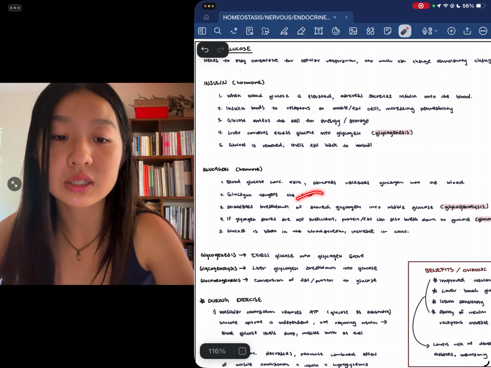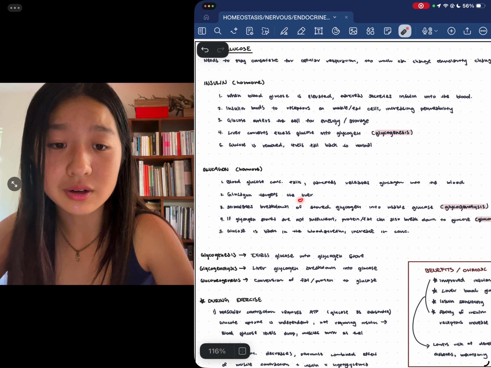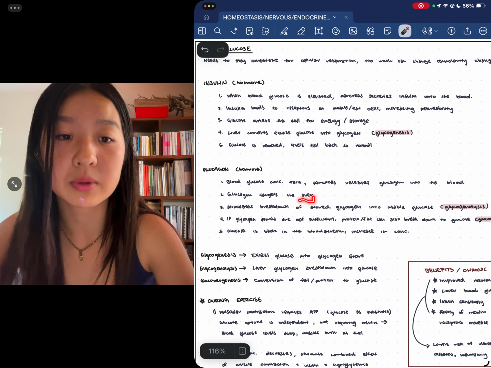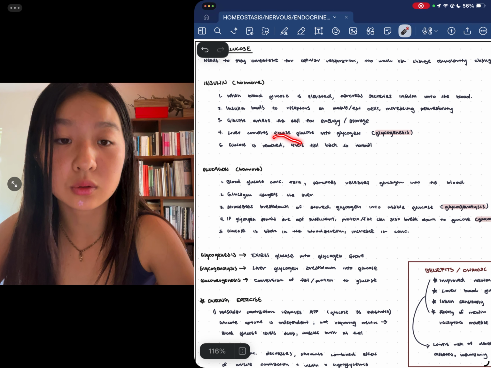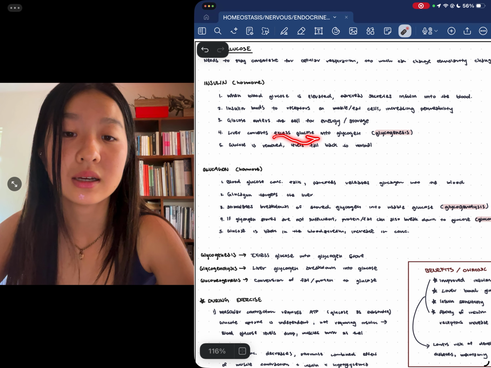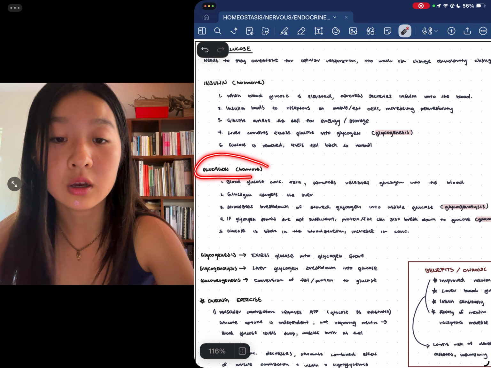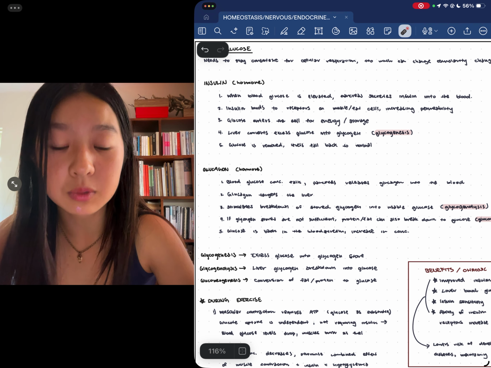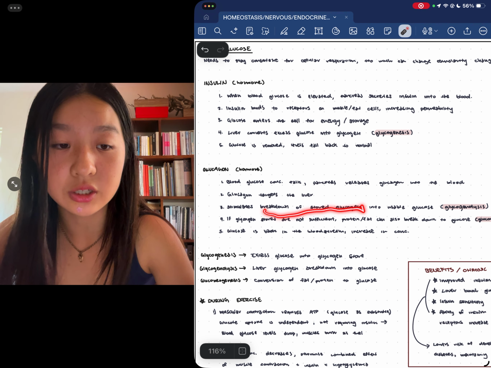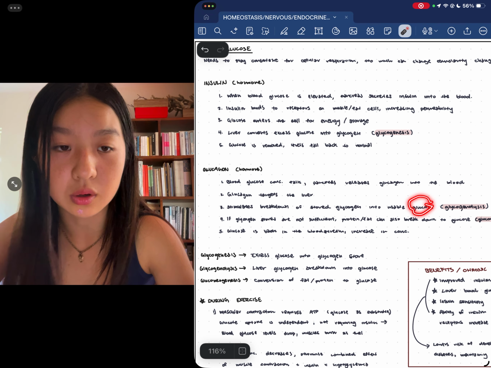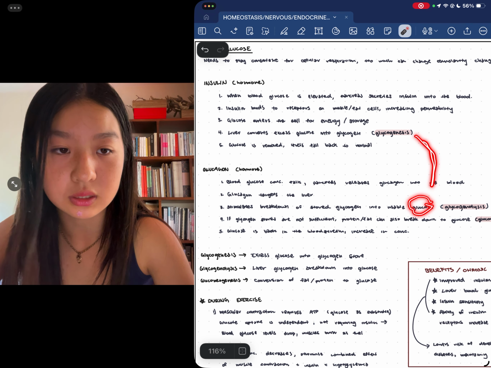And glucagon targets the liver, because from what we remember from the first part, the excess glucose that we haven't used yet is stored in the liver. So glucagon goes to the liver and it stimulates the breakdown of stored glycogen into usable glucose. So it's the opposite of this step.